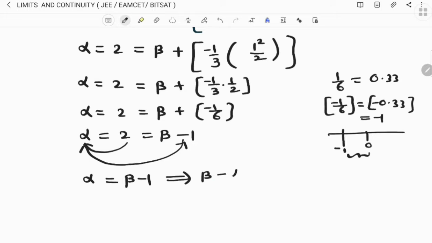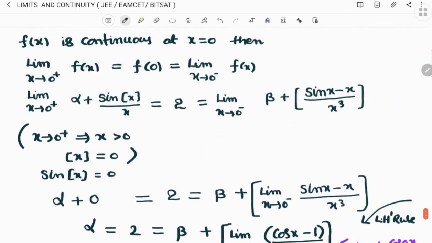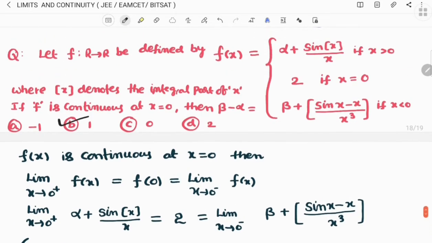So beta minus alpha is equal to 1. They are not asking particularly alpha value, beta value. So beta minus alpha is equal to 1, which is there in the second option. I hope everyone understands, dear students.